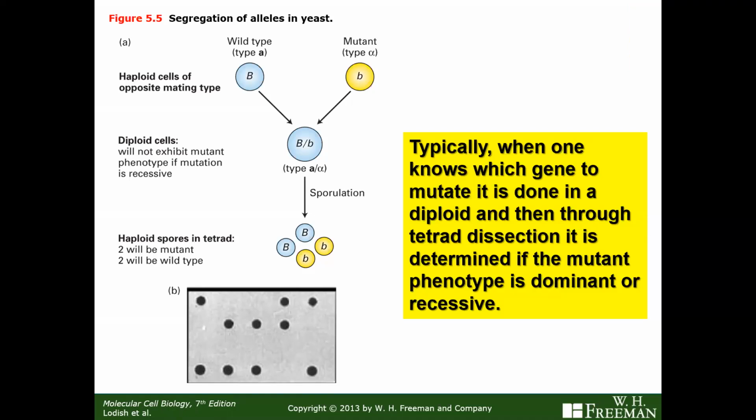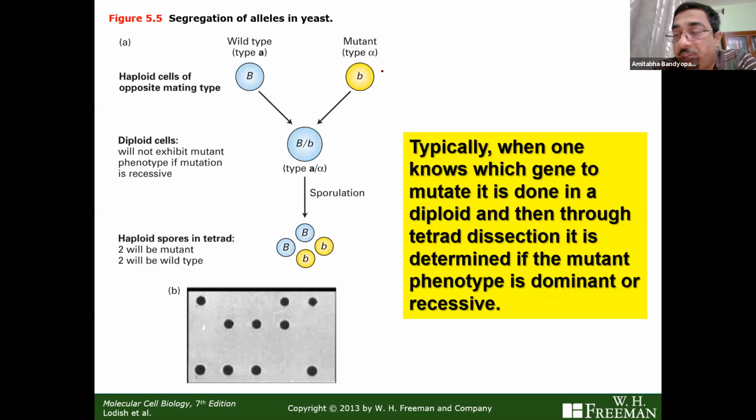If the mutant phenotype, this yellow one, is because of mutations in multiple genes, let us imagine that only if all 3 genes are mutated do you see the phenotype.